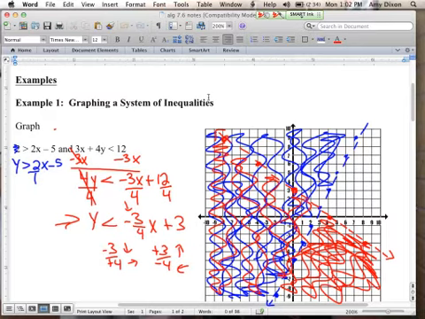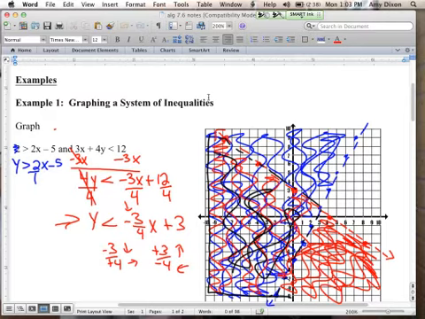This overlapping region is the solution to this system of linear inequalities, because any coordinate point in this region right here will make both inequalities true.